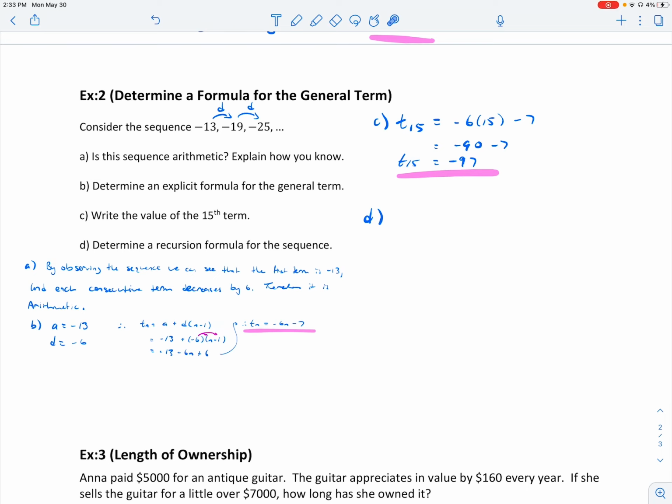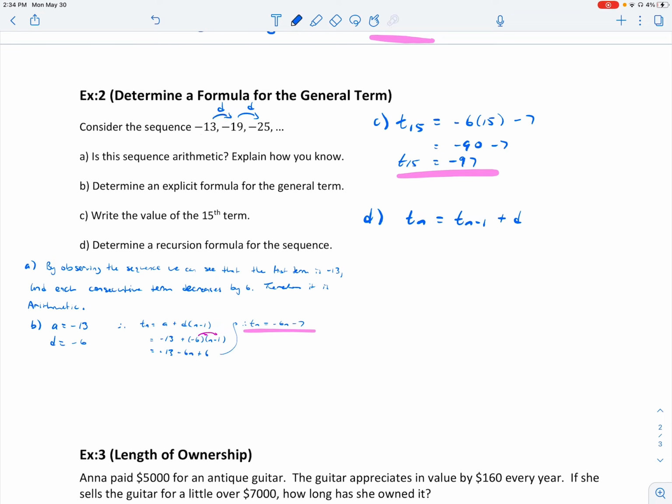So because this is an arithmetic sequence, I know that my nth term is going to be the previous term plus the common difference, right? So it's going to have this form. Tn equals Tn minus 1 plus d, okay? So this is the previous term plus the common difference. And remember, that's kind of the instructions for an arithmetic sequence. We have a number, and then we add the common difference to get the next term.